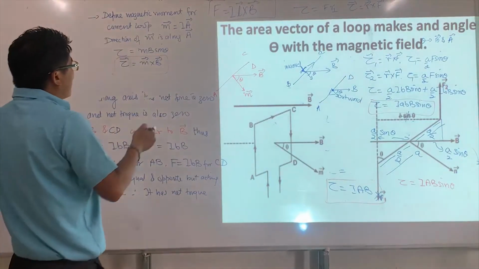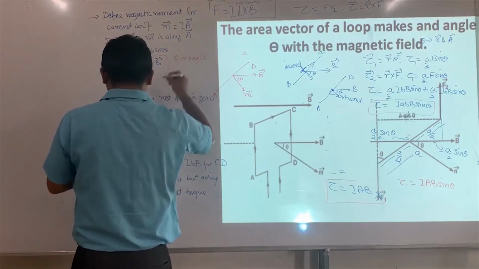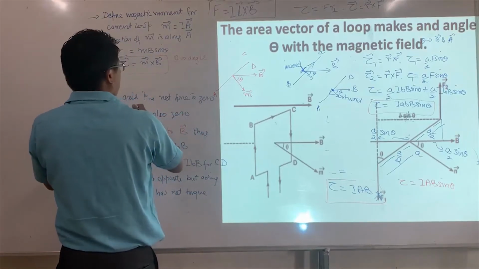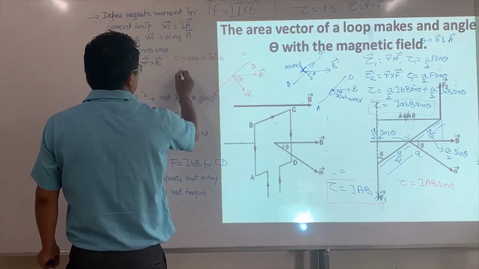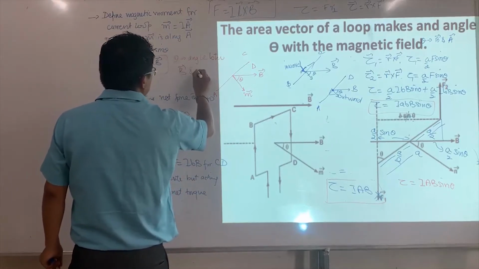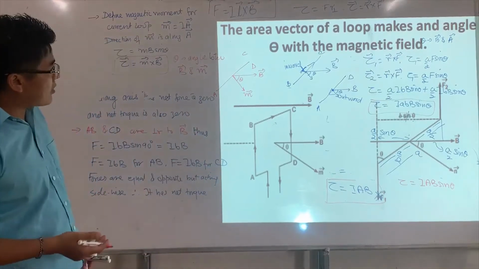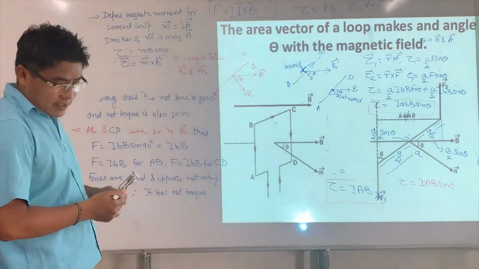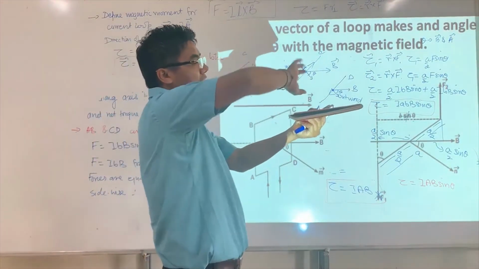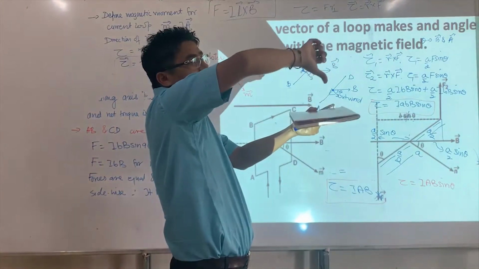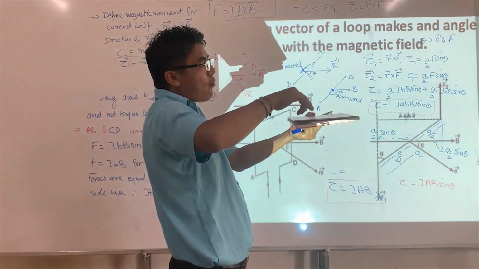So what is the theta? I say theta is the angle between the magnetic field and the magnetic moment, and the direction of magnetic moment is along the direction of area. How to find the magnetic moment direction is very simple. If current goes in the clockwise direction, the magnetic moment is downward. This is given by the right hand rule.